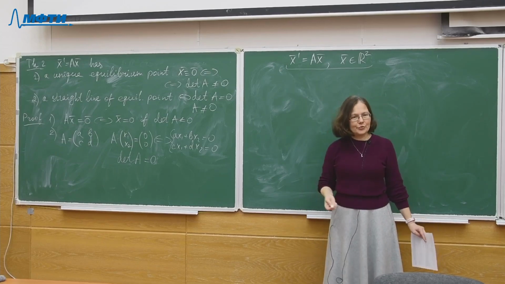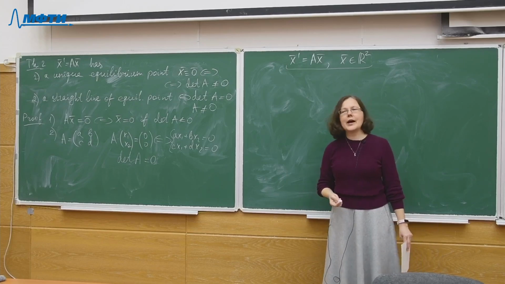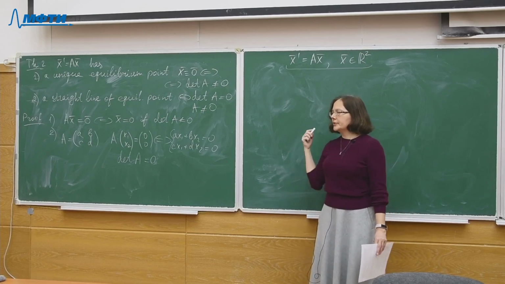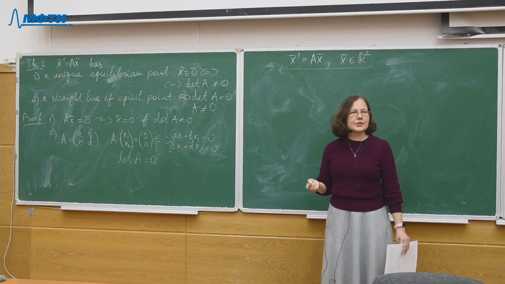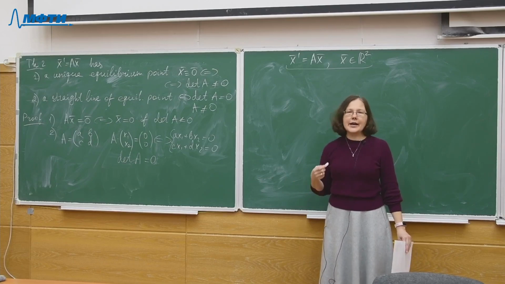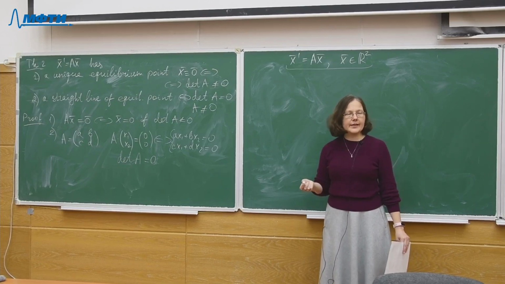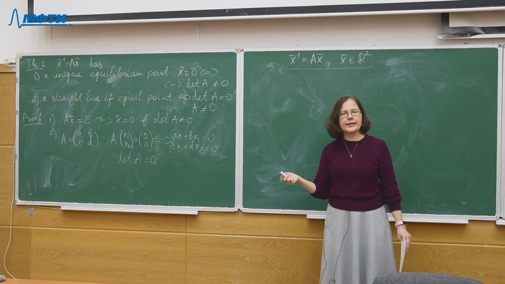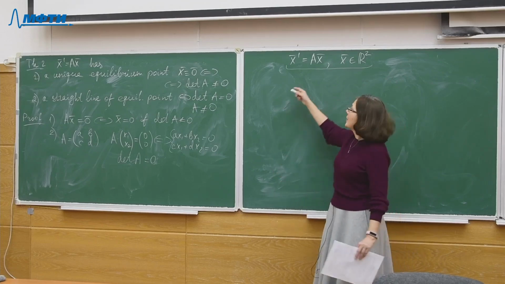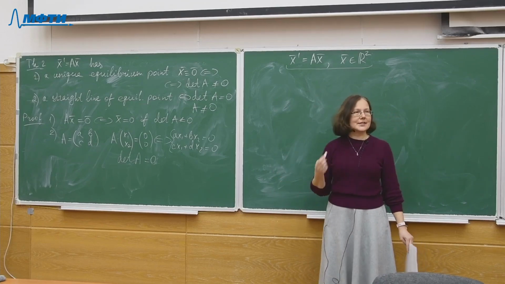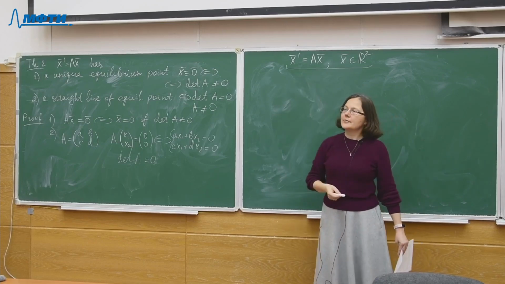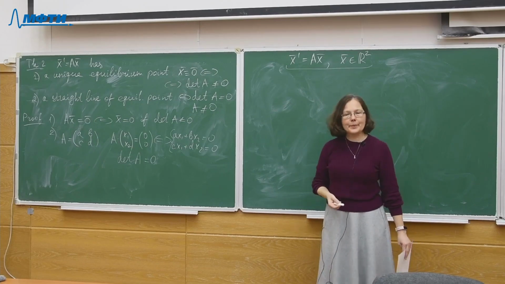We need to write the characteristic equation and find its roots, which are the eigenvalues of the matrix A. Then the next step is to find the eigenvectors and write down the answer. This is the plan for solving equations of this form.